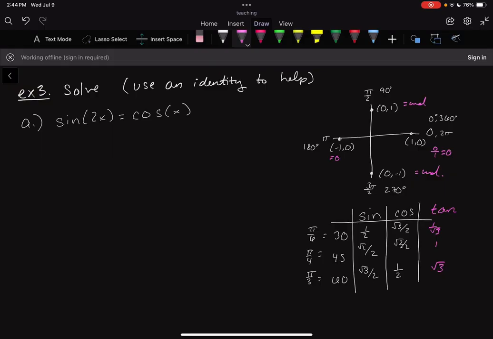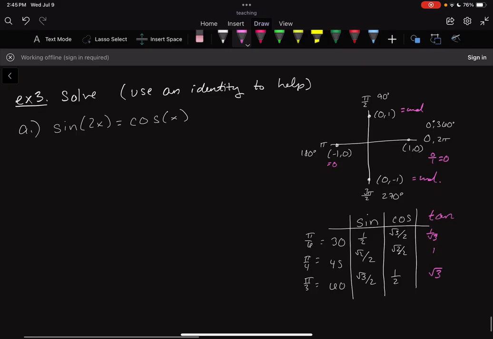So for this one, here's my issue. One, I have sine and cosine, which is not good. And then also I'm seeing sine 2x, so I'm seeing different stuff in the parentheses. Well, there is an identity, so I would usually at this point go to the identity sheet and see if there's anything that can help me out that I could replace one of these functions with.